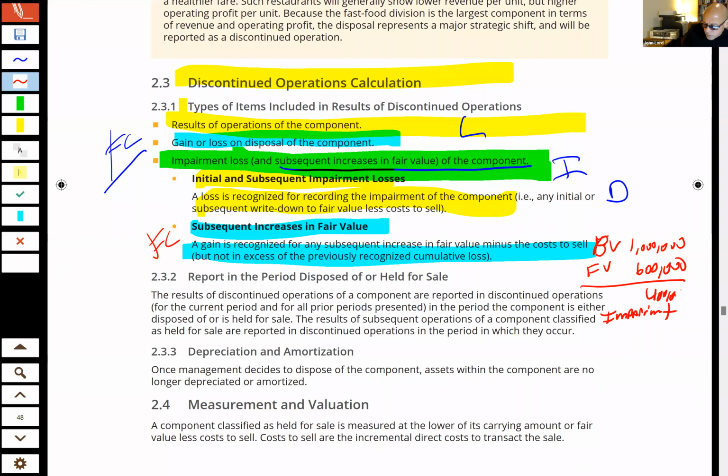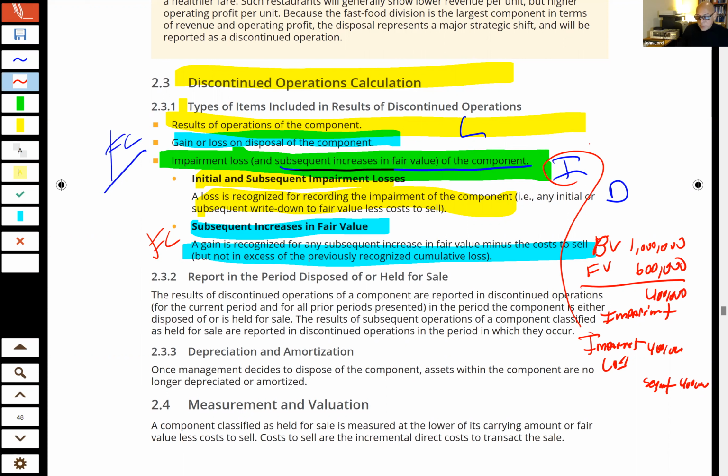So we would debit impairment loss for 400,000, and then credit the segment for 400,000. We would write that segment down so that it now has a book value of 600,000, and that impairment loss would be part of what we're reporting for the discontinued operation.